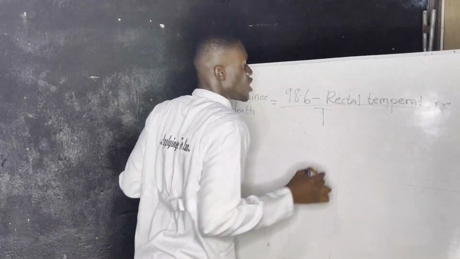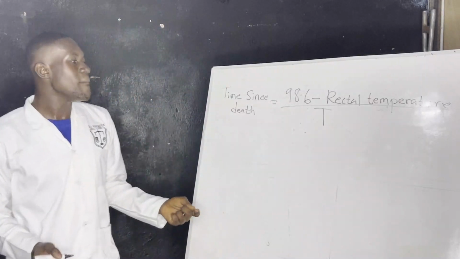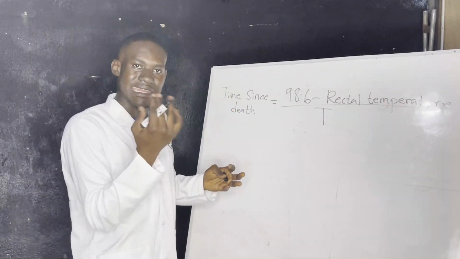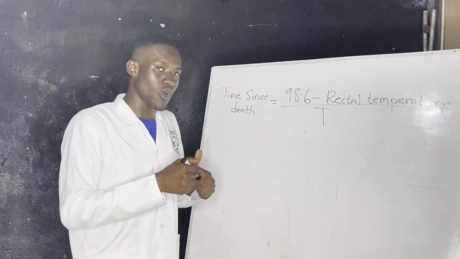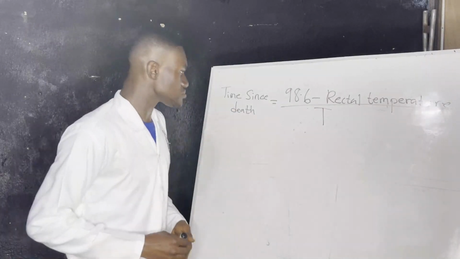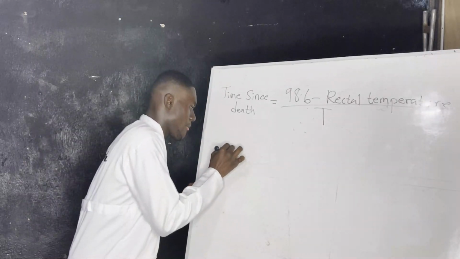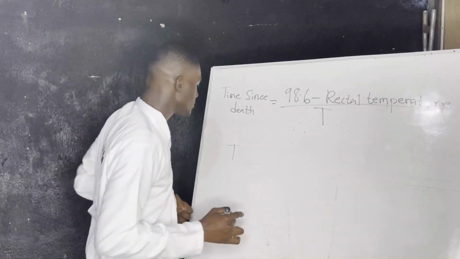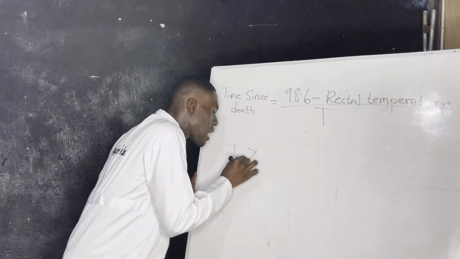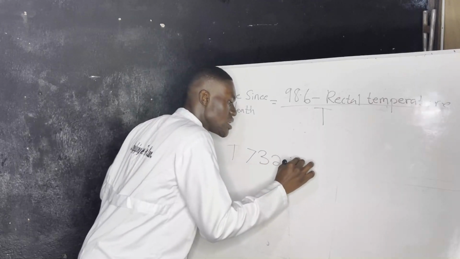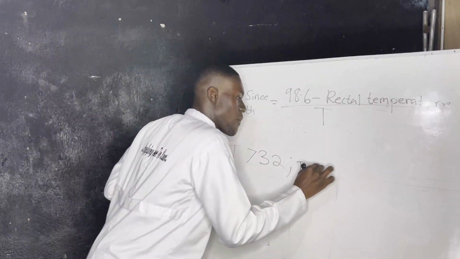T. So this T is the ambient temperature, and the ambient temperature depends on the surrounding temperature of the body being discovered. So when T, the ambient temperature, is greater than 32, then T is 1.5.